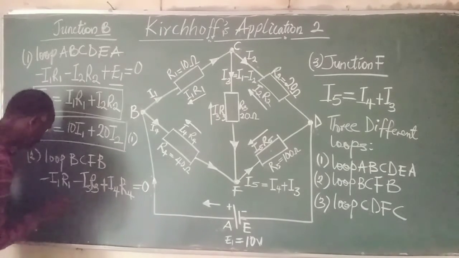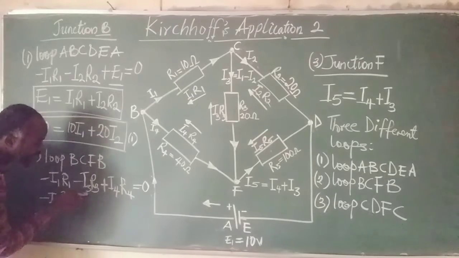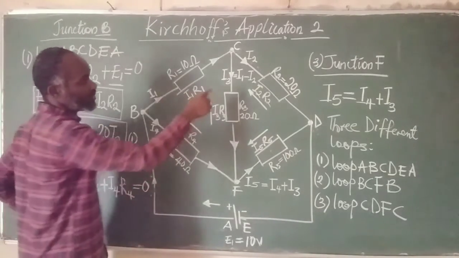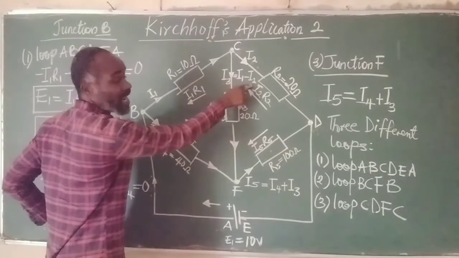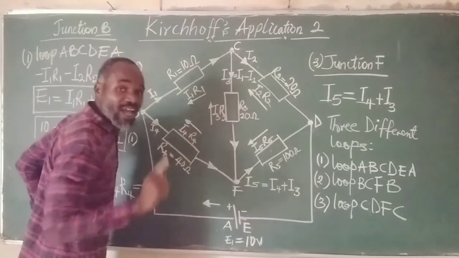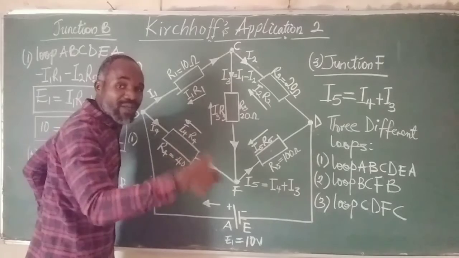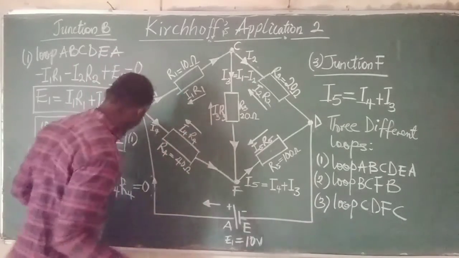If you take it, we still have minus I1, resistance 1, minus, look at I3. The I3 is a split of I1 minus I2. So in place of I3, we will substitute, in brackets or parentheses, I1 minus I2.